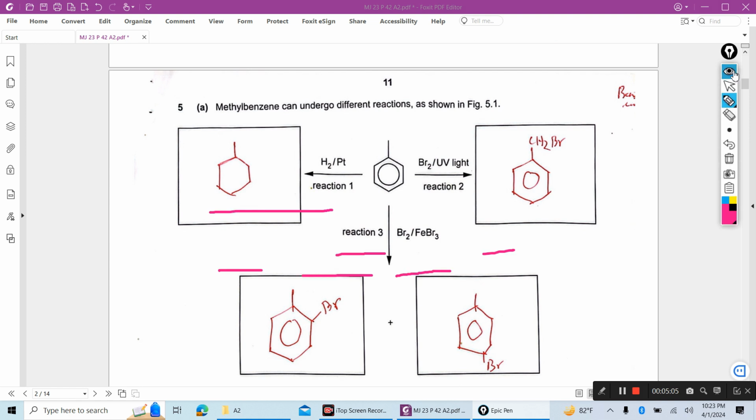Why hydrogenation? Because hydrogen is added to the benzene ring. If hydrogen is added, this is known as hydrogenation, or you can write reduction reaction, because if hydrogen is added, that process is known as reduction.